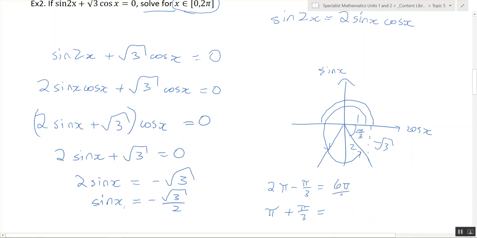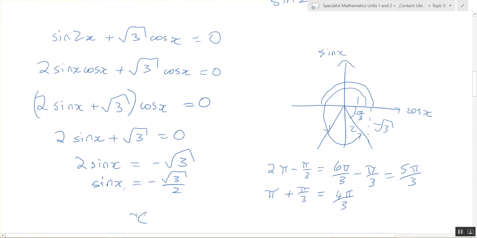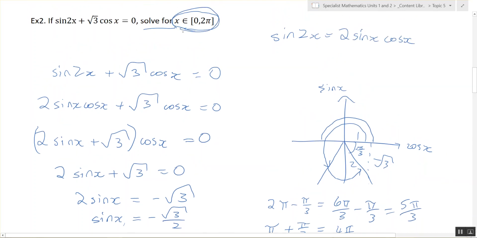Six pi over 3 minus pi over 3 is actually 5 pi over 3. And this is 3 pi over 3 plus pi over 3, 4 pi over 3. So the final answer, x could be either 4 pi over 3 or 5 pi over 3 over that domain.